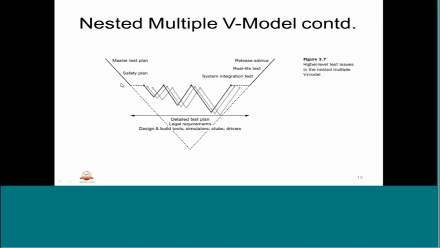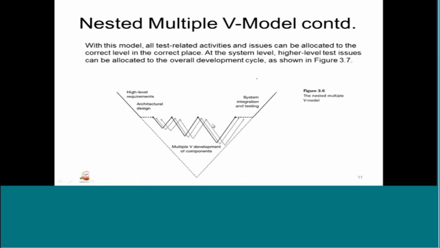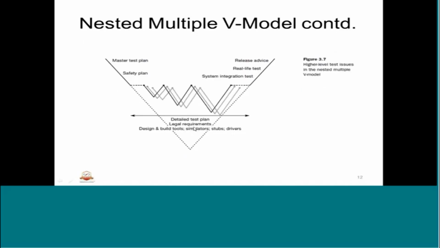When it comes to the individual V model, this portion is taken care of in a nested manner. The same thing is depicted in a simpler way in figure 3.6, the multiple V model components put together. When it comes to high level test, the common line is drawn.